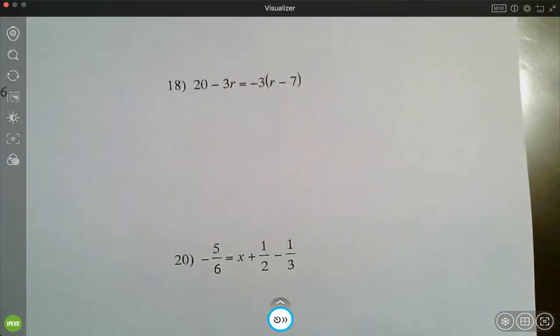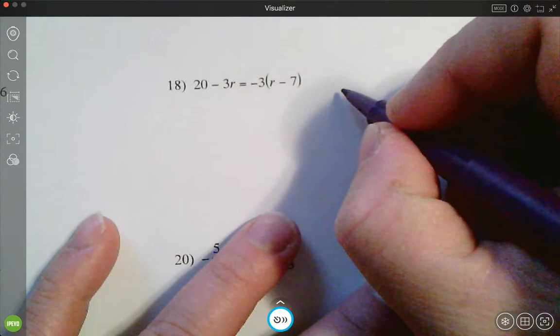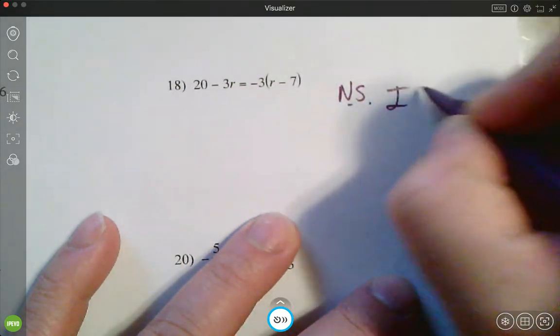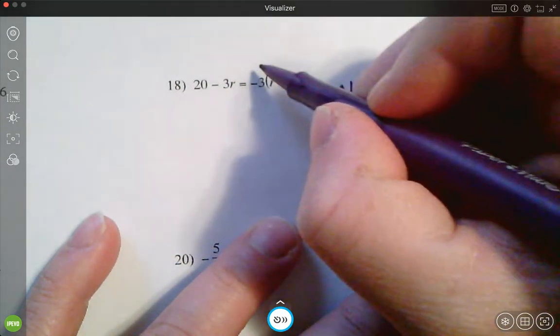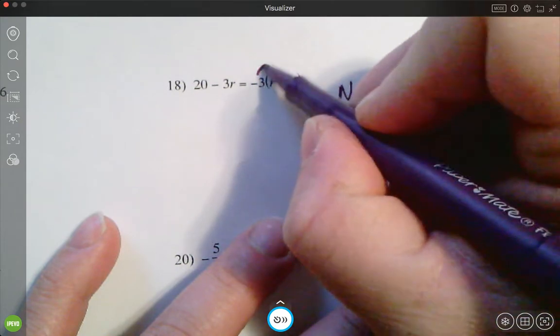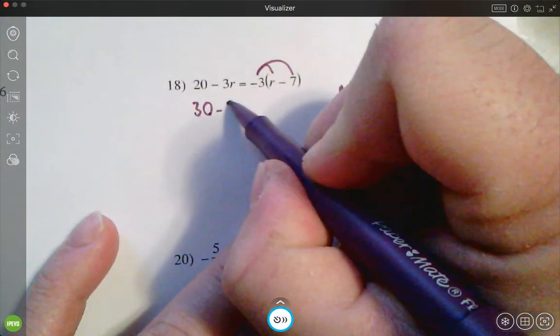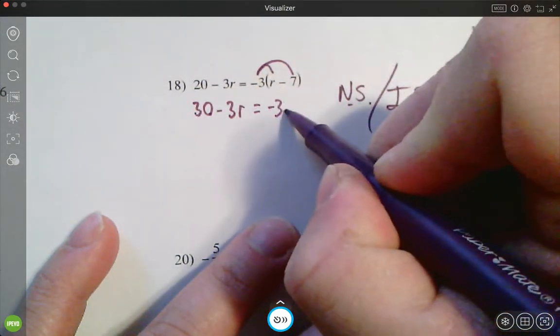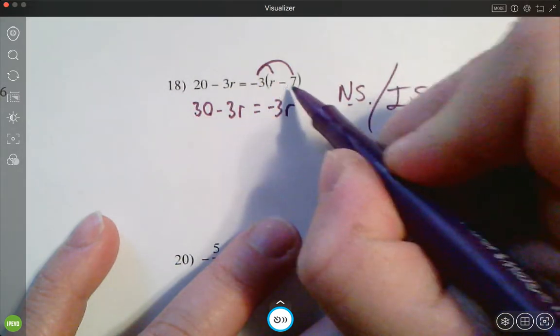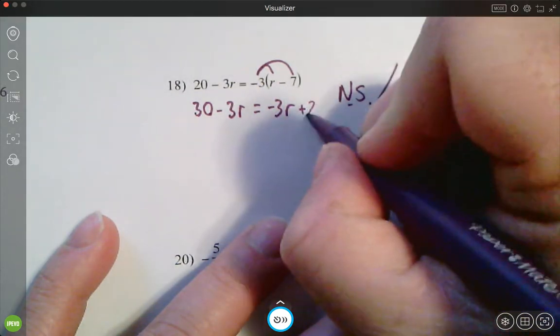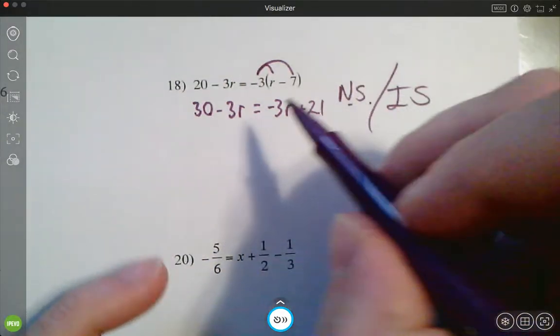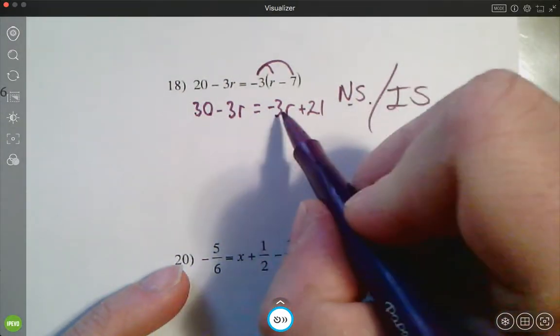Let's do number 18, because this one will either be no solution or infinite solution. So let's review what that looks like. You distribute here on this side, negative 3r, and then negative 3 times negative 7 is positive 21. And then it looks like you have negative 3r and negative 3r.